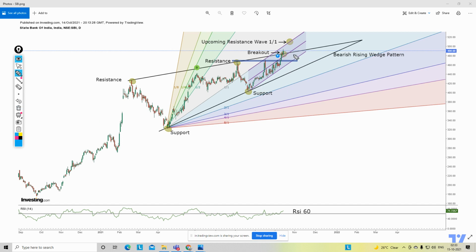Another thing which I have done is that I have drawn a parallel channel within the structure. Why? Because I have also used Gann wave. So these are the Gann waves.